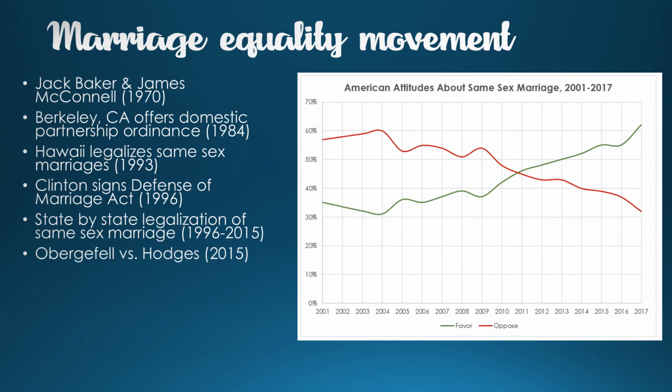This chart illustrates the percentage of Americans who oppose or favor same-sex marriage. The green line represents people who favor it, and the red line represents people who oppose it. As you can see, over the last almost 20 years, the number of people who oppose same-sex marriage has been declining, while the number who favor it has been increasing.